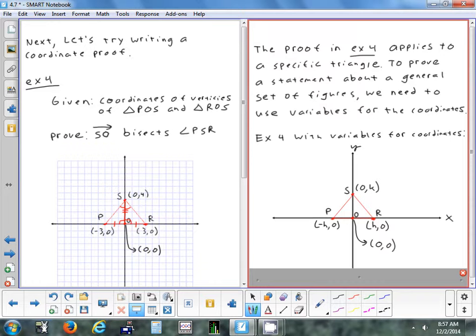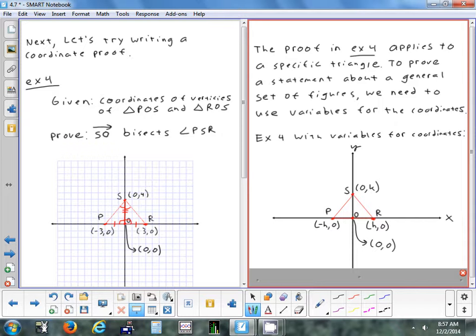And the last two coordinates were both 0 because that's the height off the x-axis. We're not off the x-axis at all. Our height is 0 for each coordinate. Now for the vertex at the top, S, we can't really use h again. h had to do with this distance on the base. So we have to use a different letter because we don't know the height of the triangle, so we just pick something different, k.